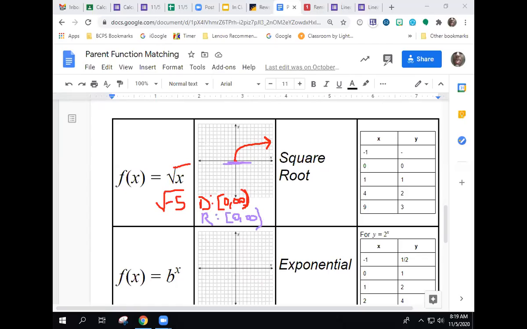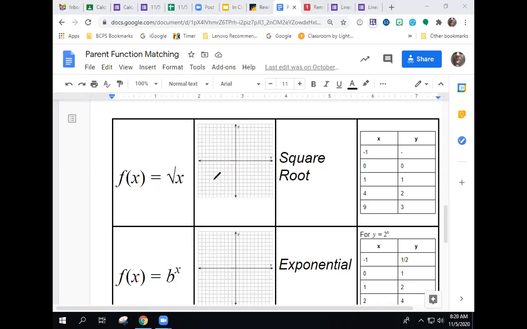Okay. All right. So what you really need to be able to do is know the names of the parent functions, and look at either the equation or the graph and know the name of the parent function. And vice versa, if I told you the square root function, you need to know what it kind of looks like and how to write it, okay?